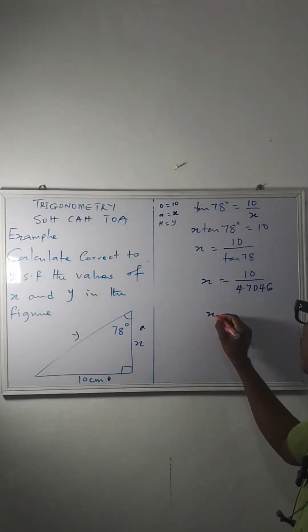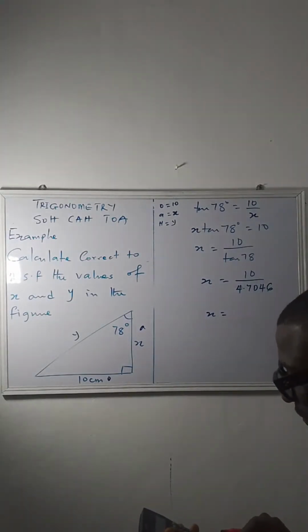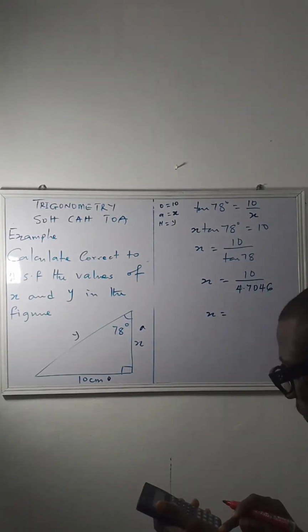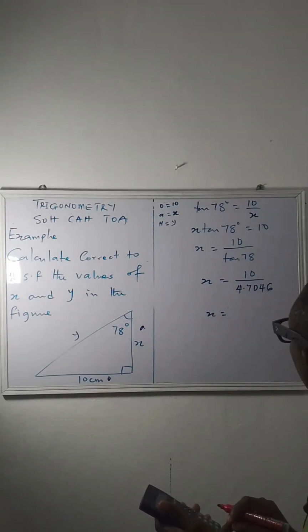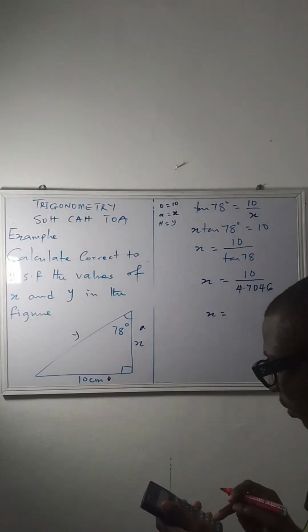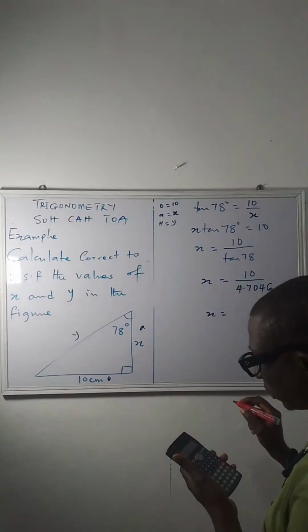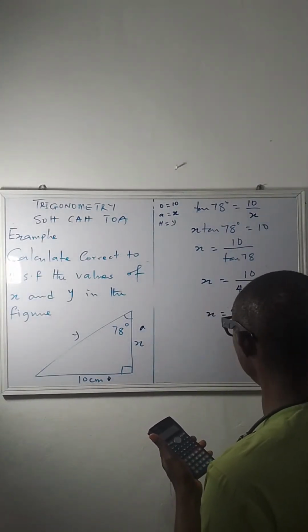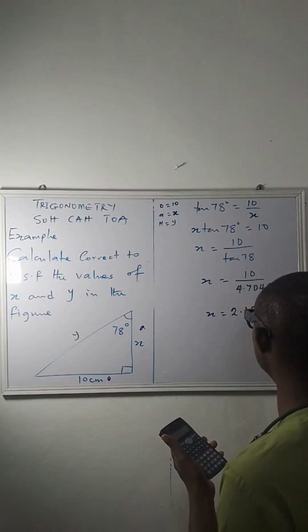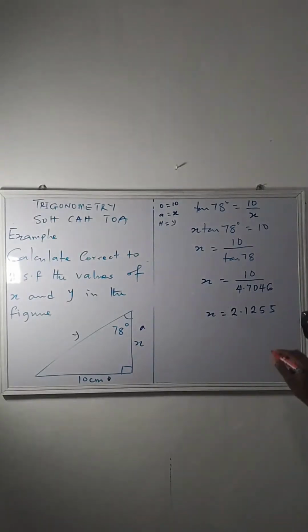So now you can divide. We have 10 divided by 4.7046. So you have 2.1255 in centimeters.